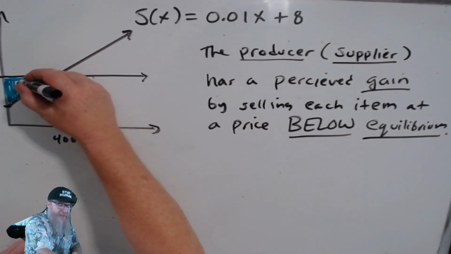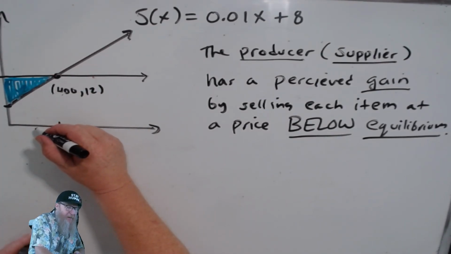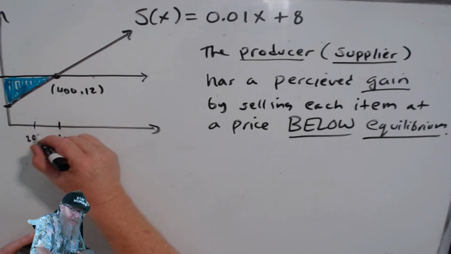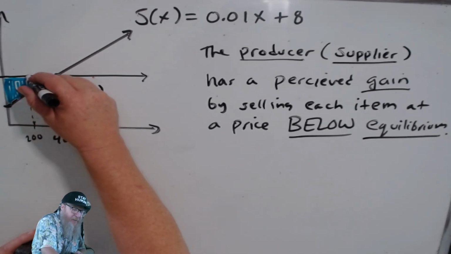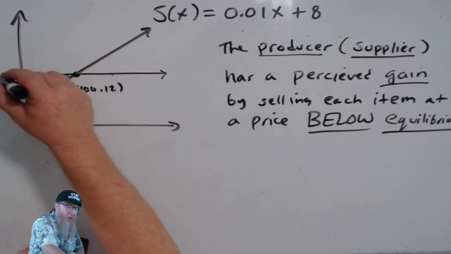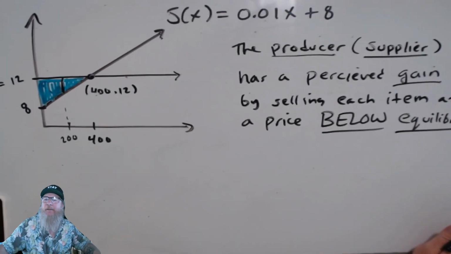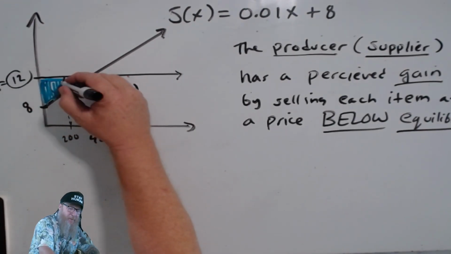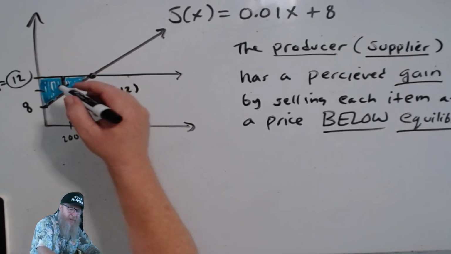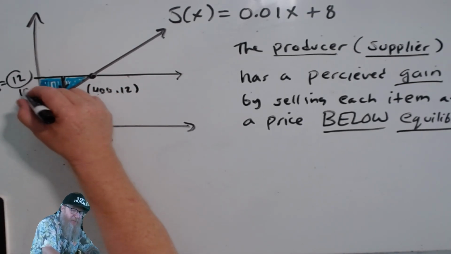So again, it's the same concept. If you sold 200 items at a price below $12, so say you sold it for a price of, I don't know, $10 or something.